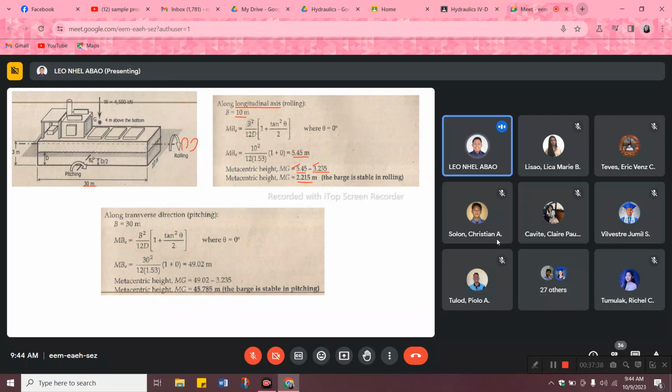Okay? Substituting, we get MBO as 49.02. So, again, GBO, kay dili ra mausab. Mas dako gyud ang MBO kumpara sa GBO. Therefore, the barge is stable in pitching. Okay, so makaresist siya sa pitching either padulong ana or padulong ana balik.